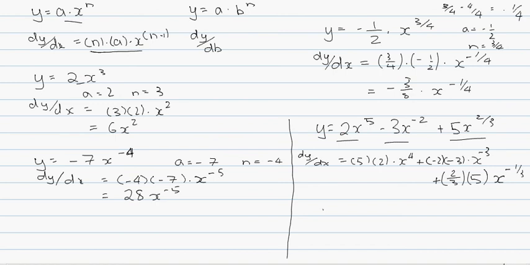When we simply expand that all out, we get 10x to the power of 4 plus 6x to the power of minus 3 plus 10/3 x to the power of negative 1/3. So basically we've gone through all the forms of differentiation for this, and that should give you a fairly good idea. So give it a shot yourself, see how you go, and good luck.